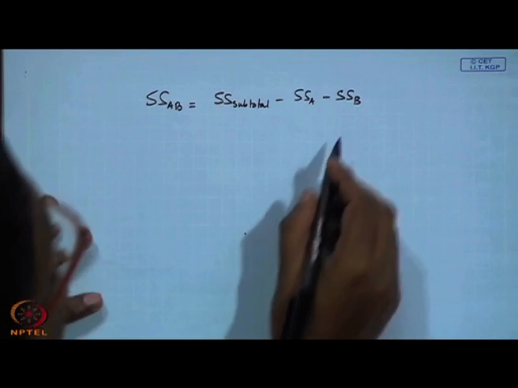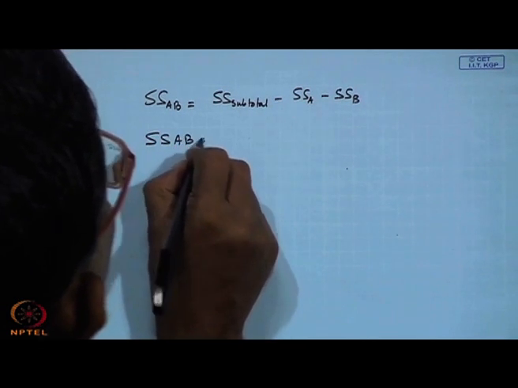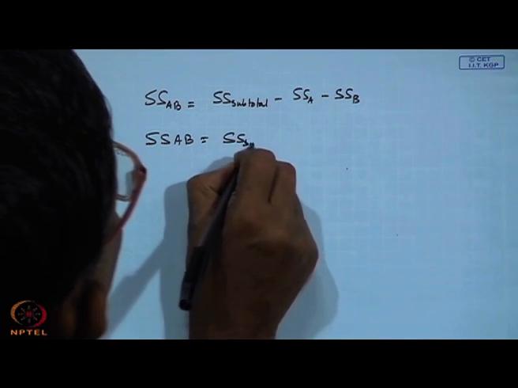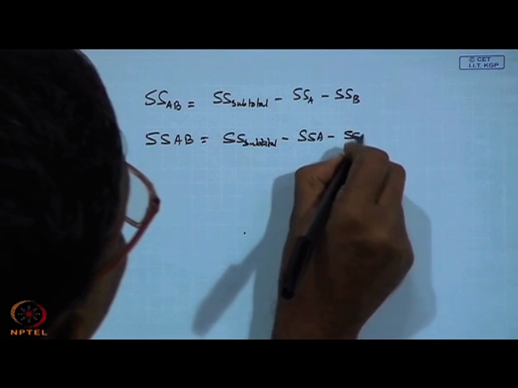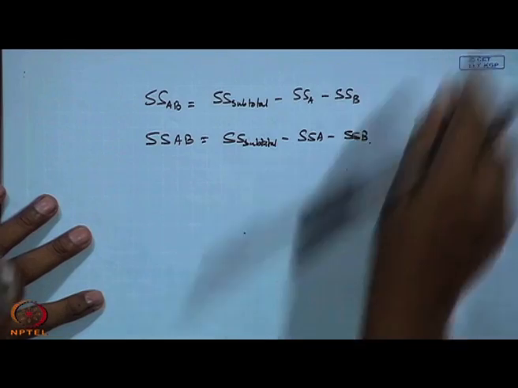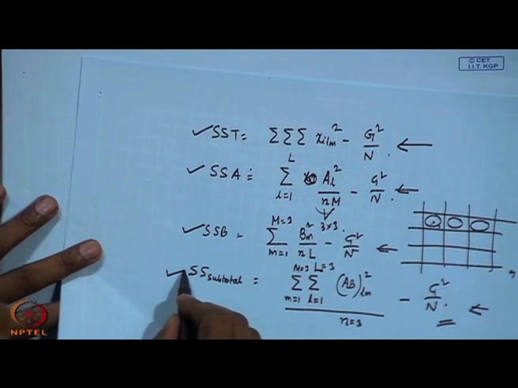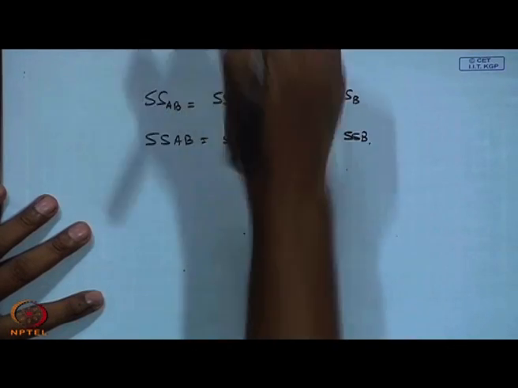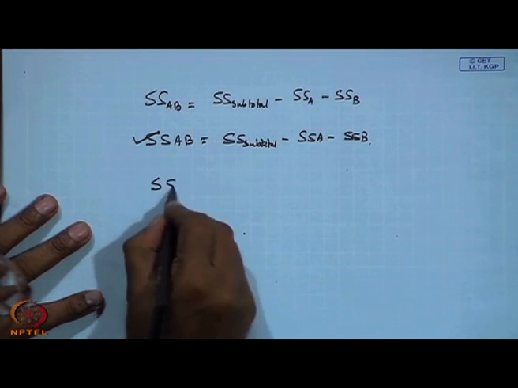Okay. In this way you can write, or the way we have written first, SSAB equal to SS subtotal minus SSA minus SSB. So, what are the items you have now? You have SST, SSA, SSB, SS subtotal, and SSAB. What is required to be calculated now? SSE.